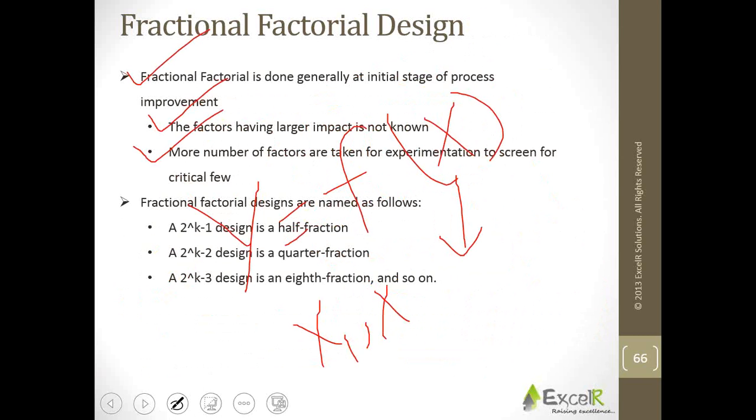You have x1 as one input, x2 as another input, x3 as third input, so on and so forth. You have say 100 inputs. Out of these 100, which factor is going to have larger impact? This you cannot know. You actually do not know that. Right? So you use all these factors in order to come up with the critical few.